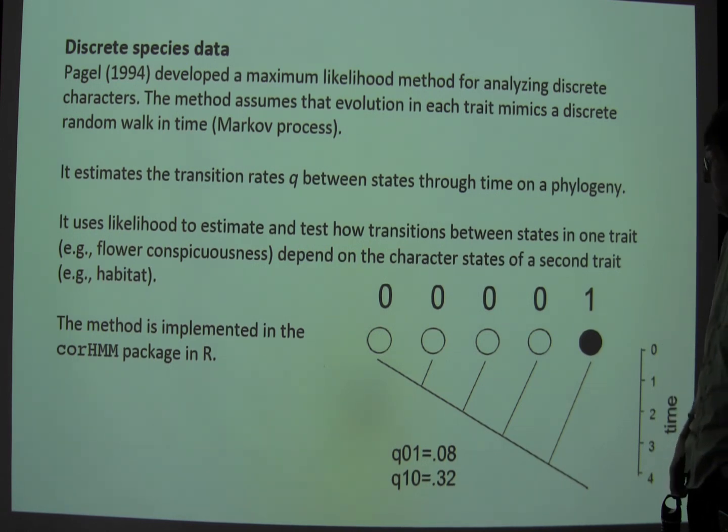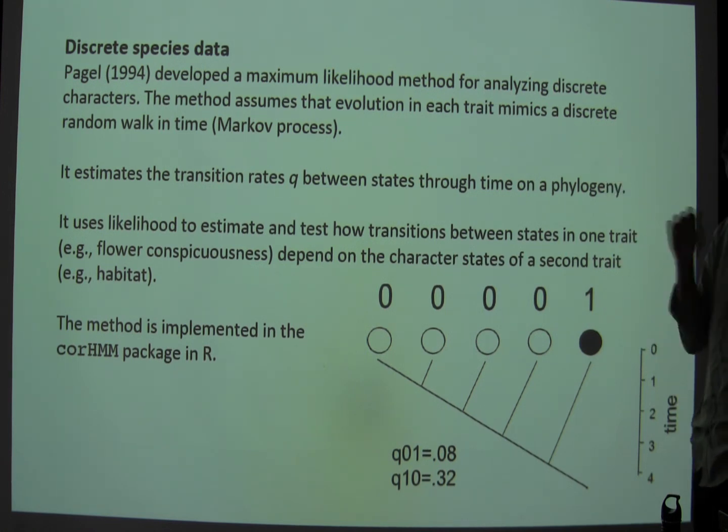And those rates can be estimated from the data. That process of a discrete random walk is called a Markov process. You can think of it as somewhat analogous to the discrete analog of the continuous random walk, the Brownian motion process.